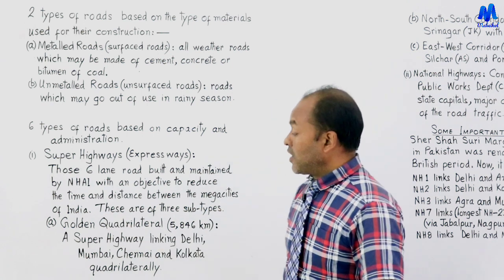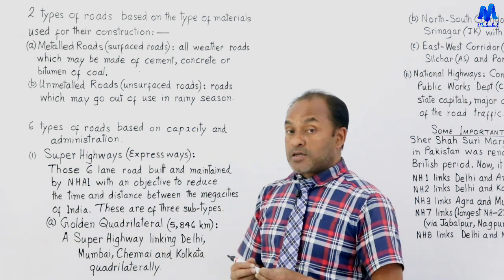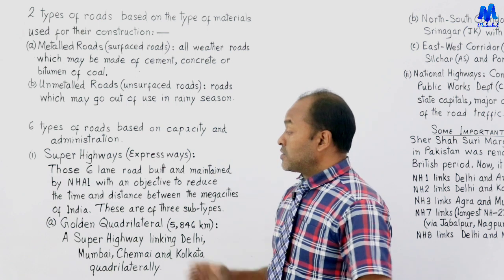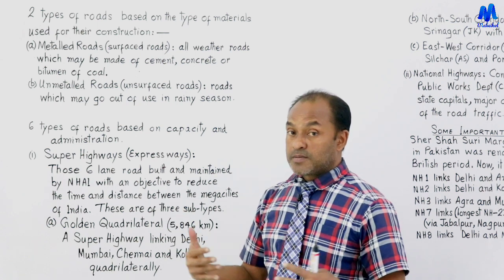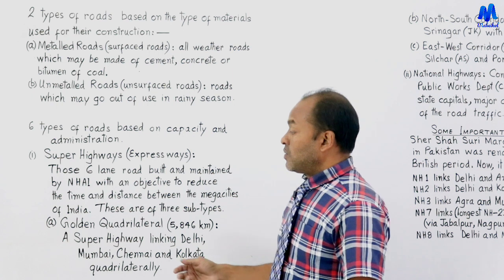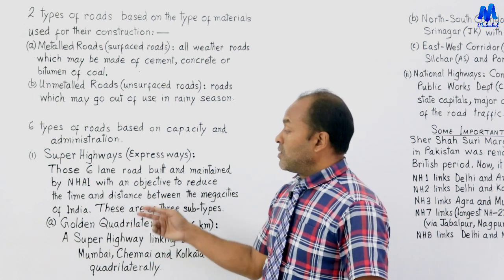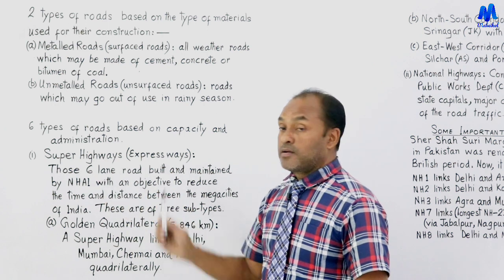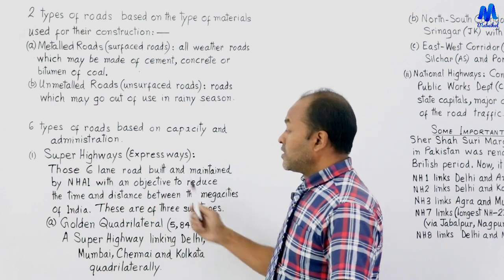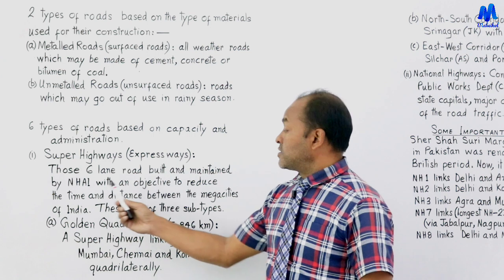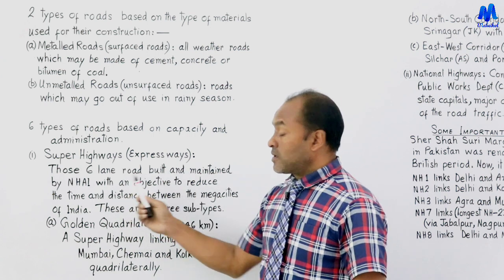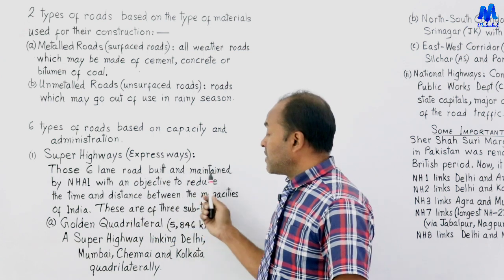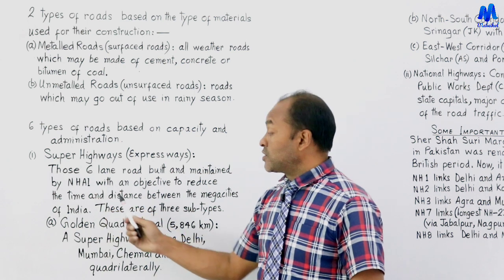Okay, we have so many megacities in India. So in order to connect these megacities in less time, the government of India has laid a 6-lane road. Okay, and these roads are built, constructed and maintained by the National Highway Authority of India.